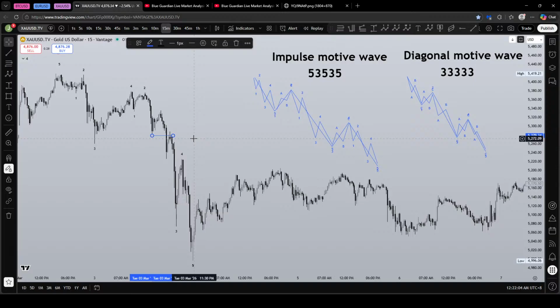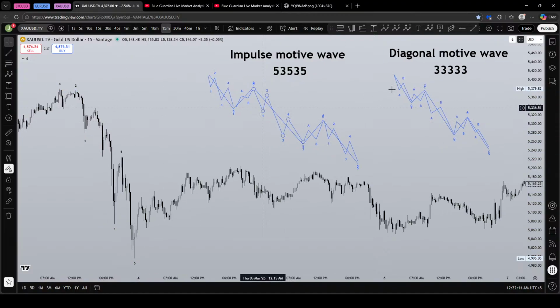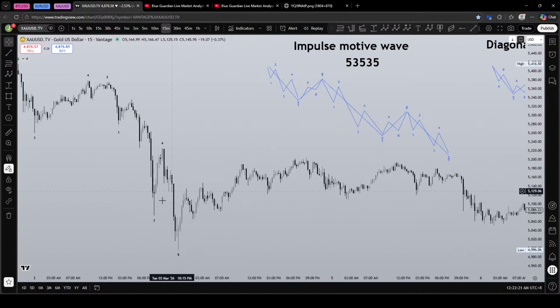So the only way to correct this will be using an ending diagonal wave count, composed of three waves down, another three waves down for wave 3, and then another three waves down for wave 5. To show you the three waves down, we have here one.